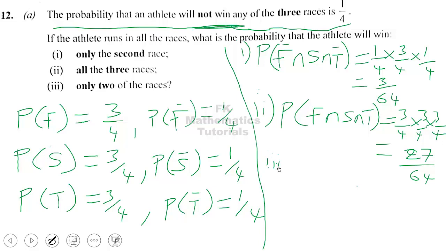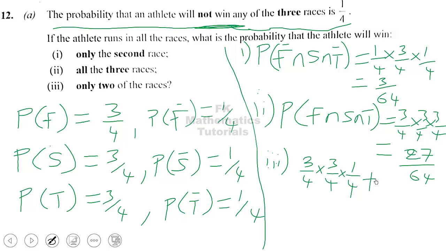So now let's look at the third one. Probability that he will win only two of the races. The possibilities are he wins the first and second, so that will be 3/4 times 3/4 times 1/4, because he will not win the third one.